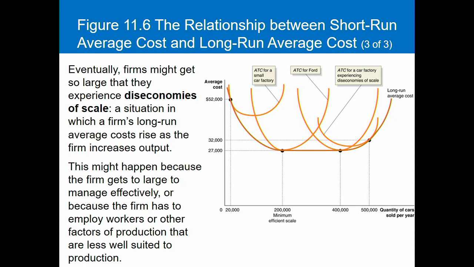No matter how much capital they add, how much labor they add, it's going to start getting more expensive. We call that diseconomies of scale. So as a firm that's experiencing diseconomies of scale increases their production, their average costs are going to rise. Again, this was Jill Johnson adding that third employee.